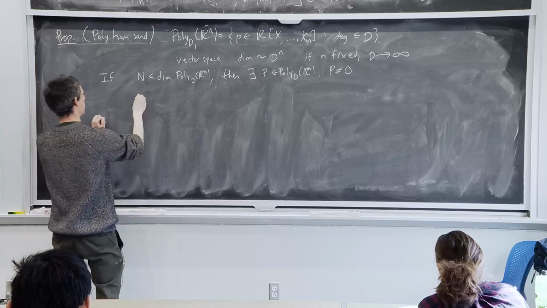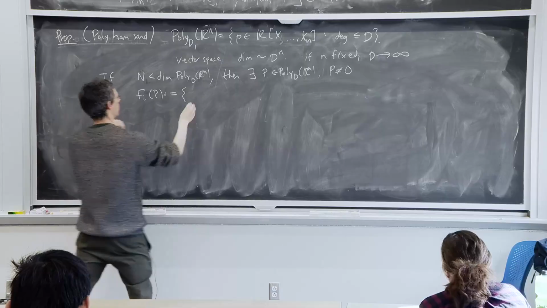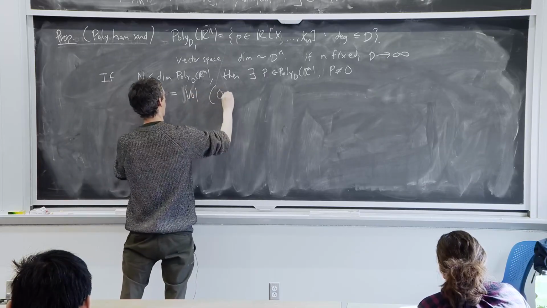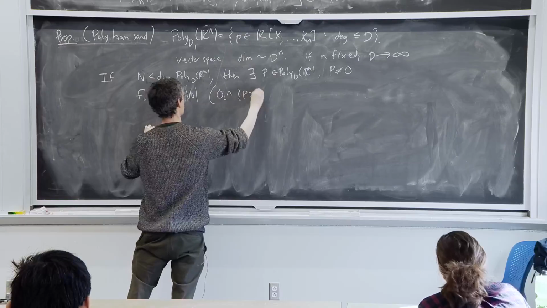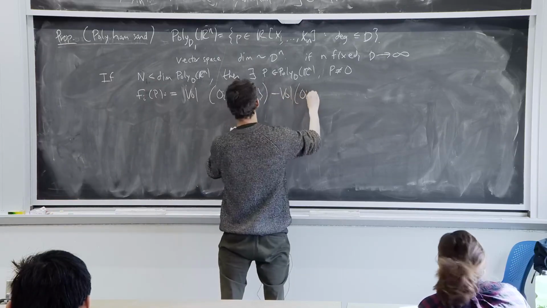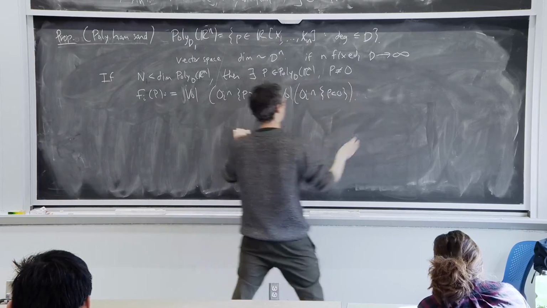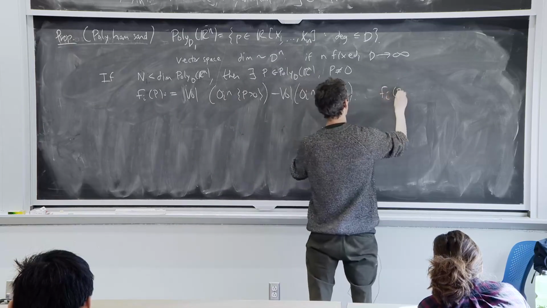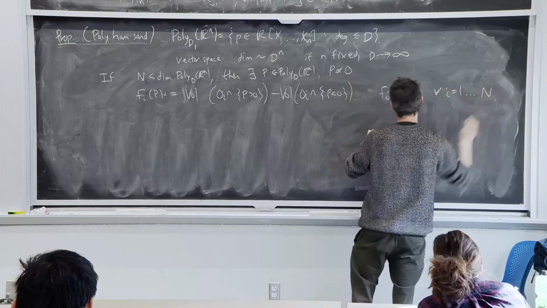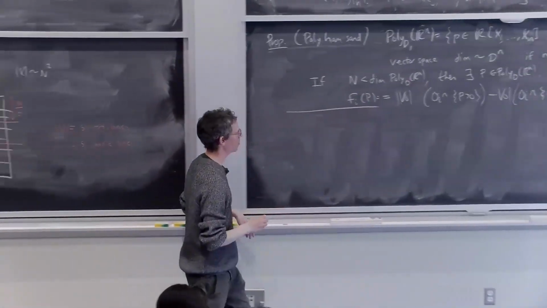So let's say fi of P is defined to be the volume of Oi intersect P is positive minus the volume of Oi intersect P is negative. And fi of P equals 0 for all i from 1 up to N. So that's the statement of the proposition.